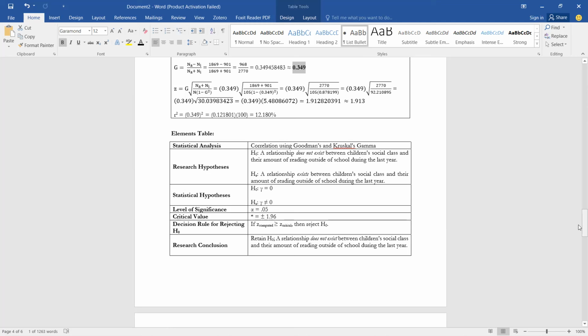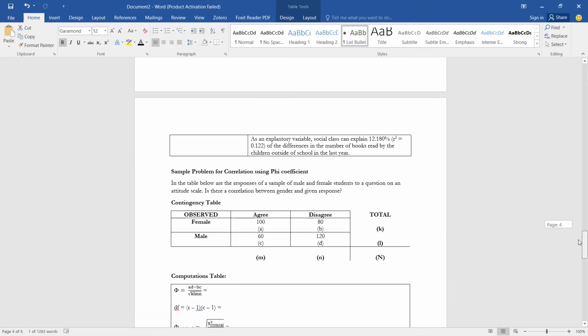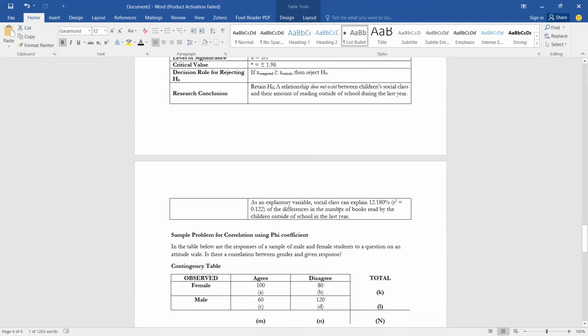theorize why you didn't get a significant result and why, for instance, your coefficient of determination yielded a very low percentage. It's just 12.18%. So aside from social class, no, what else could explain the differences in the number of books read by the children outside of school during the last year?